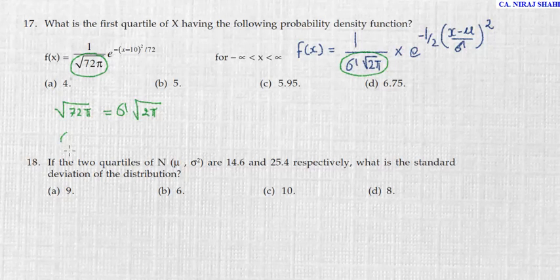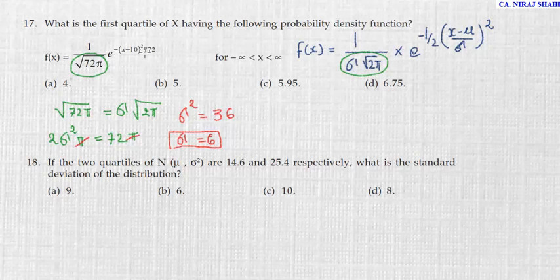So we can say 2 sigma square pi is equal to 72 pi. Now on both the sides the pi would cut, and we have sigma square is equal to 36. So we can say that sigma is equal to 6. So we have our first answer, sigma is equal to 6.